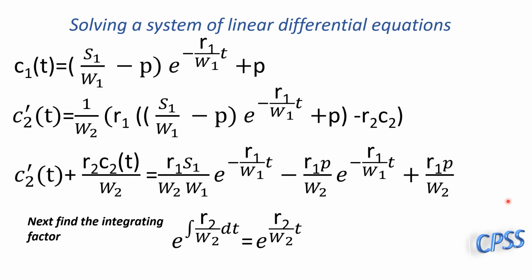We substitute the general solution with the initial condition included, with a constant P, into the equation for C2, which is an inhomogeneous first order differential equation. And we have the equation for C2 here.